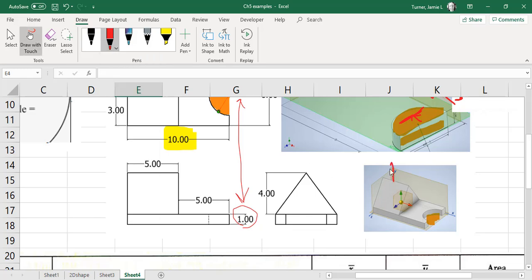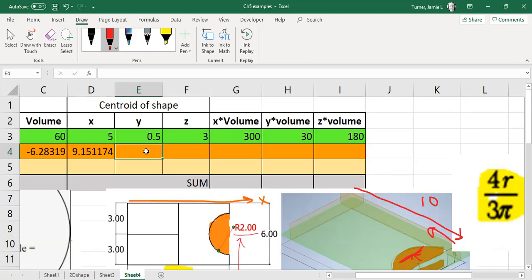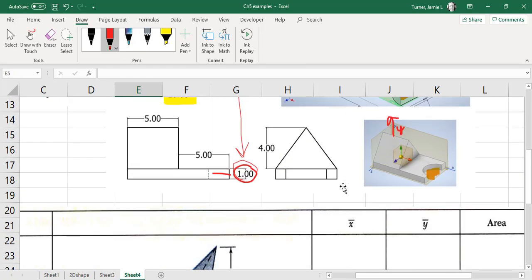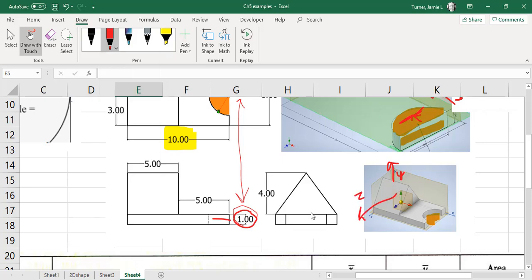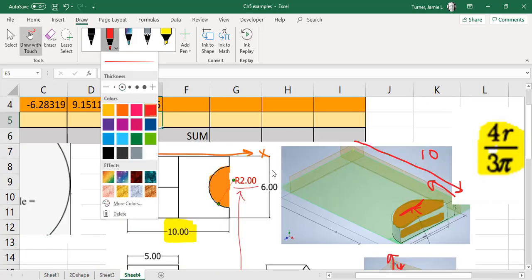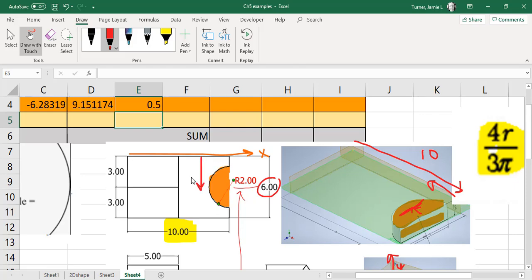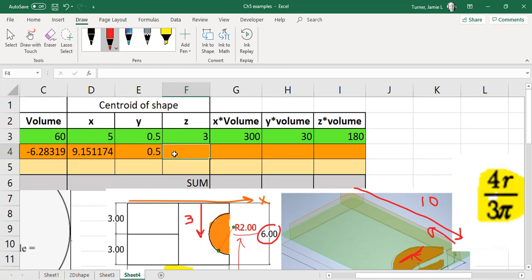Now for the y direction, the height is going to be the same height as our rectangle was. And in the z direction, this thing is centered, and so we're just going to be going halfway through the 6 again. So make good diagrams and label those dimensions and everything on the diagram.